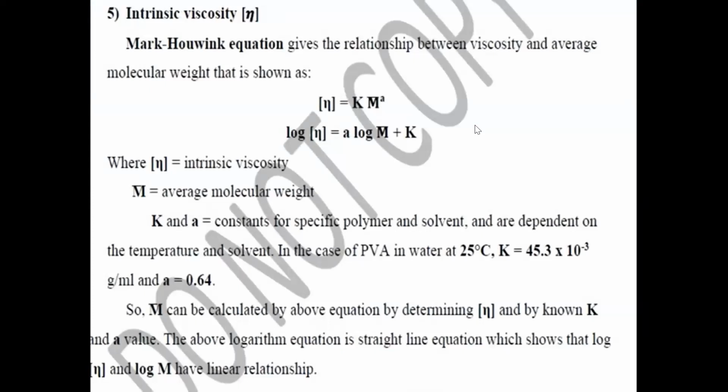Number 5, intrinsic viscosity. By using the Mark-Houwink equation, which gives the relationship between viscosity and molecular weight: [η] equals K M to the power a. Here, the viscosity, that means intrinsic viscosity, equals K constant, M average molecular weight for the polymer solution, a constant.